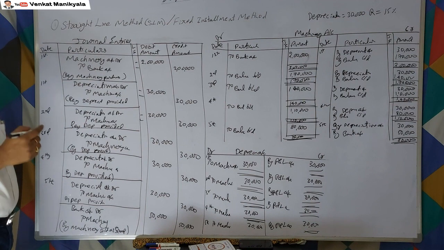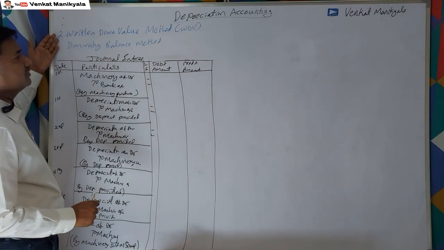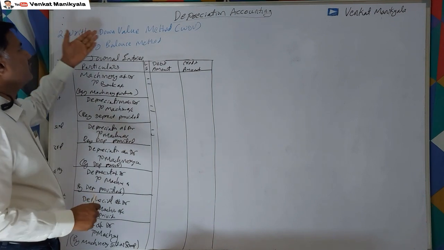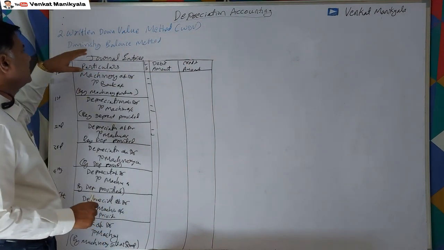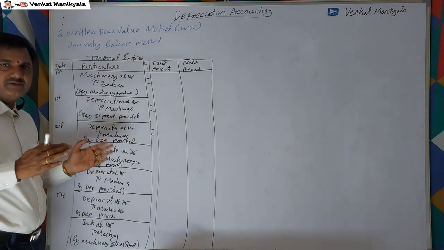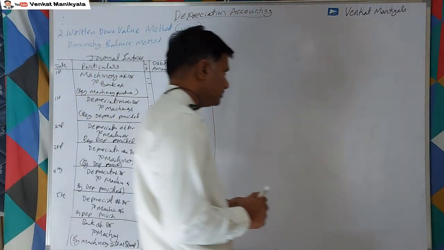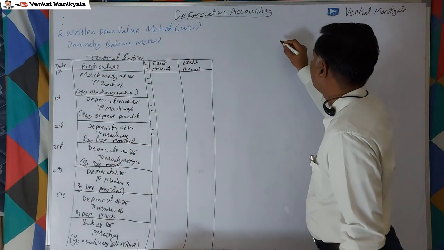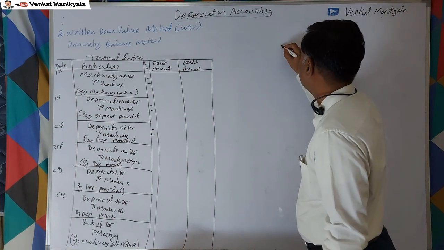Now let us do the second method. So the second method is the written down value method, or WDV, or in other words we can say diminishing balance method. In this method, we discuss the same problem as the previous one. So what is the problem? In the problem, they have given machinery purchased, right?